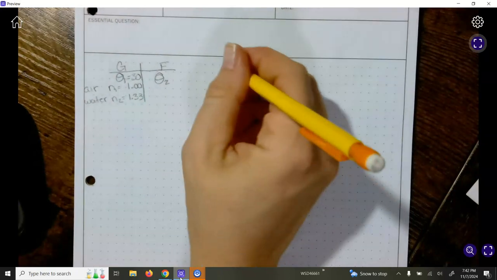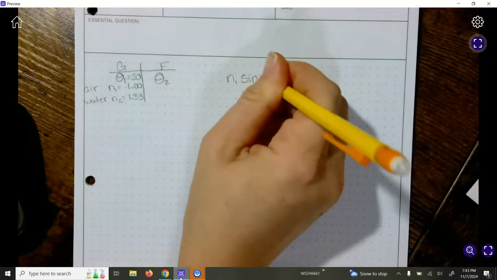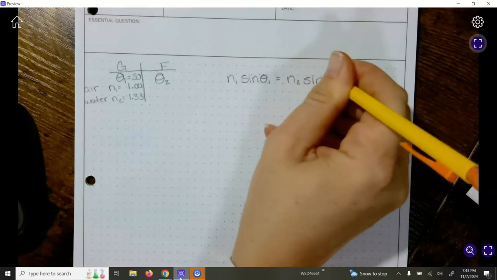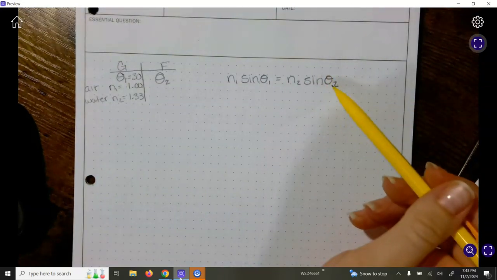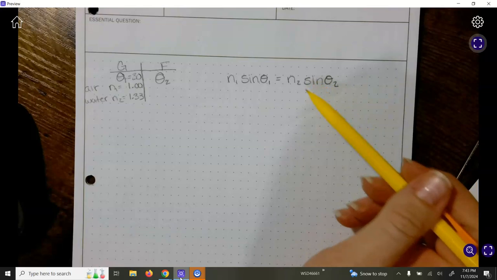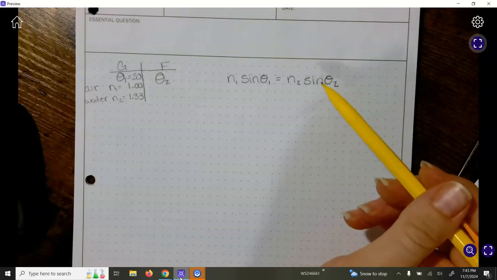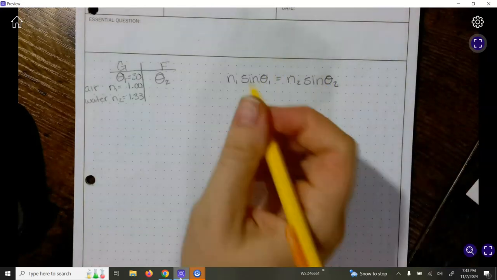Okay, I know I'm going to be using Snell's law. N1 sine of theta 1 is equal to N2 sine of theta 2. But here's what you may not know. When we're solving for theta 2, we have to get rid of the sine. So we're going to be doing something called the inverse sine. I'm going to show you what that looks like in just a second. First, let's plug in all the numbers we know.